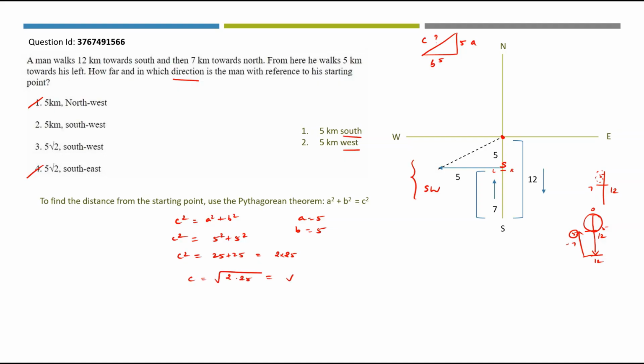This can be written as square root of 2 into square root of 25. What is the square root of 25? It is 5. So we have 5 instead of square root of 25, and this root 2 will stay as it is. So what is the distance? It is 5 root 2 kilometers. Option number 3 will be the right answer and not 2. 5 root 2 is the distance and southwest is the direction as they have asked in the question.